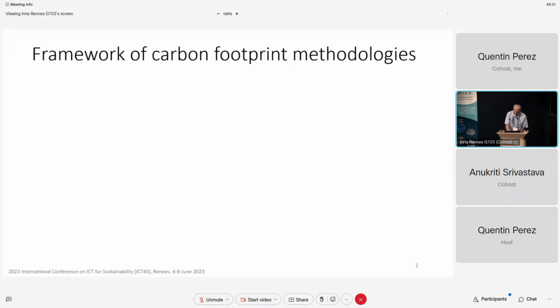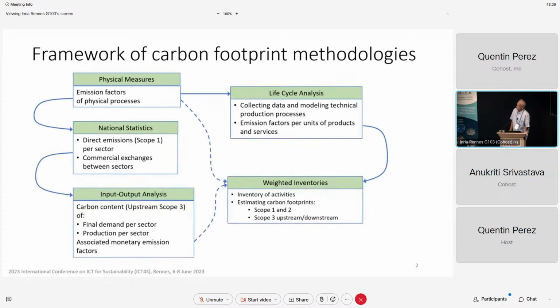So if we look at the framework of methods available for doing that work, we start with physical measures, and then traditionally for ICT, we have an intermediate step, which is LCA, and then the data flows to weighted inventories, and then we have the figure.